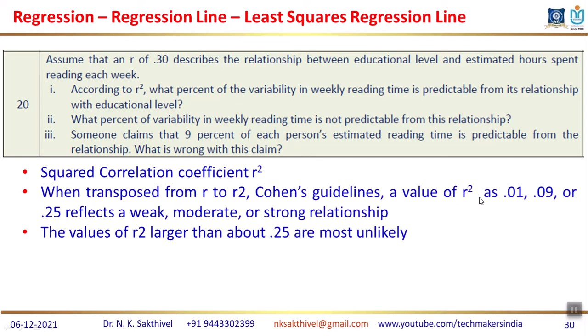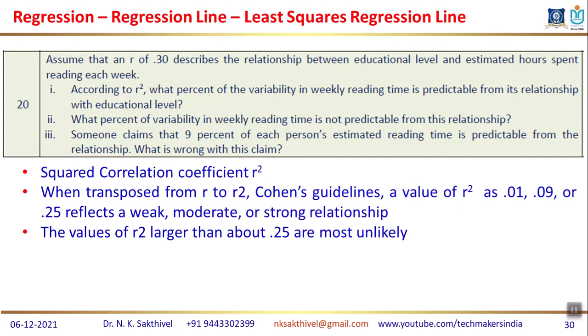If the R squared value is 0.09, that means 9%, please notice that the relationship is moderate. And if R squared is at the 0.25 level, the interpretation is a strong relationship.